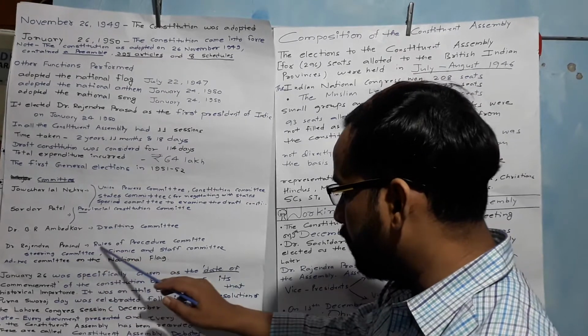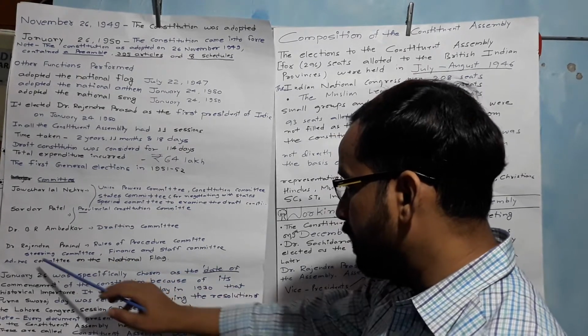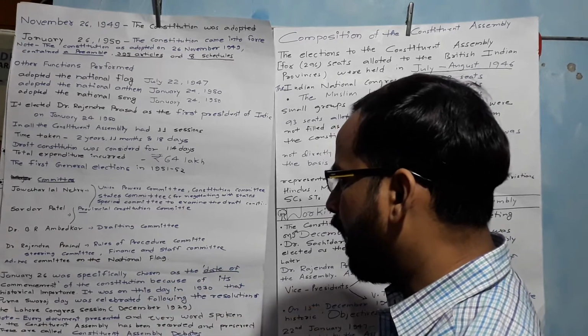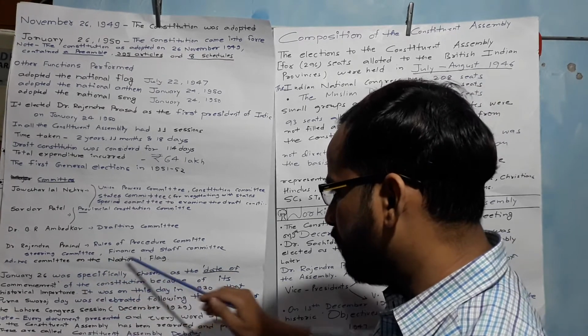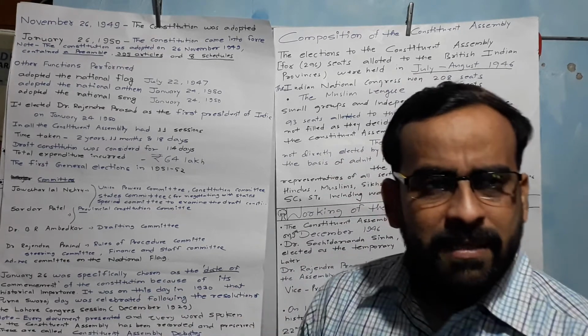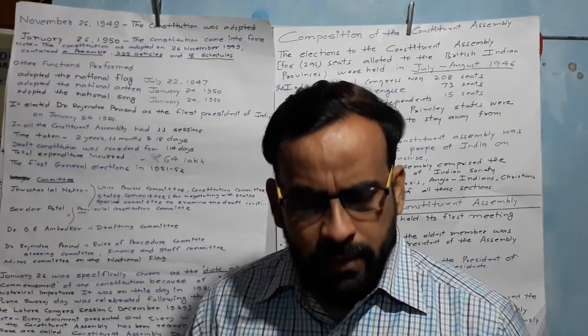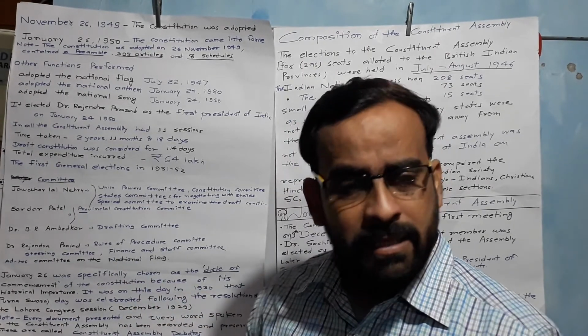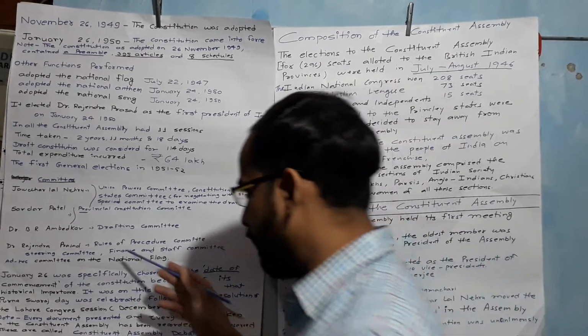Dr. Rajendra Prasad: Rules of Procedure Committee, Steering Committee, Finance and Staff Committee, and the ad hoc committee on the national flag. Dr. Rajendra Prasad was also the president of the flag committee, and J.B. Kripalani was a member of this flag committee.